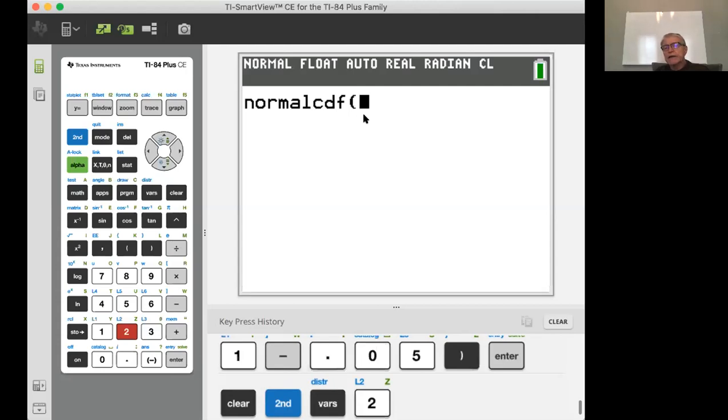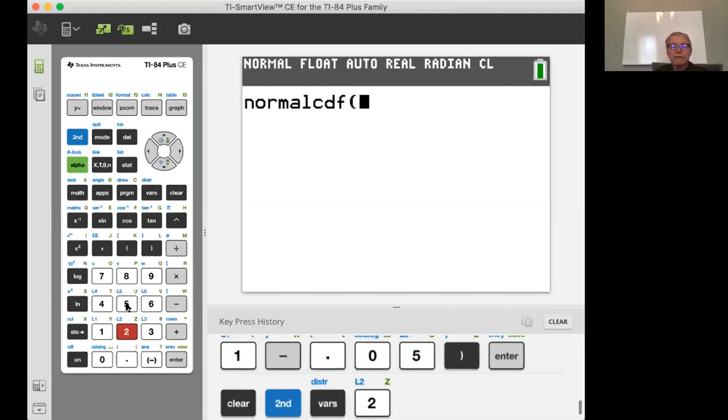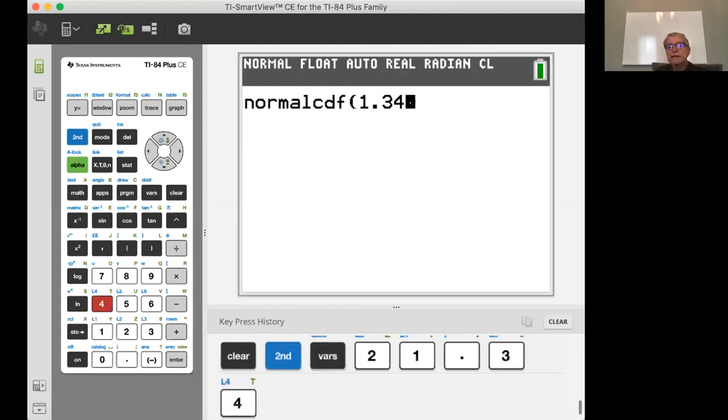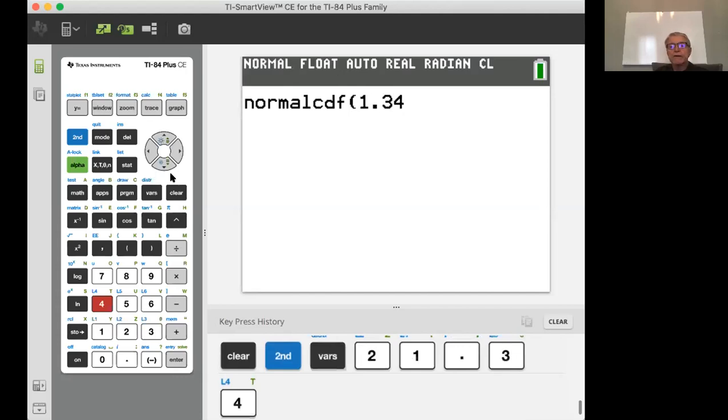So let's go ahead and look at our right tail test, which is the one we're looking at. And our test statistic is the left bound of the area. So it's going to be 1.34. That's the left bound of the area underneath the curve to the right of our test statistic.